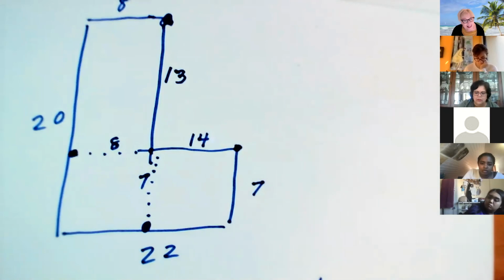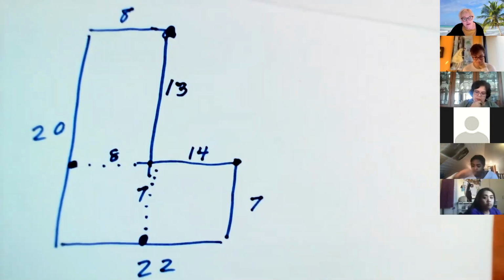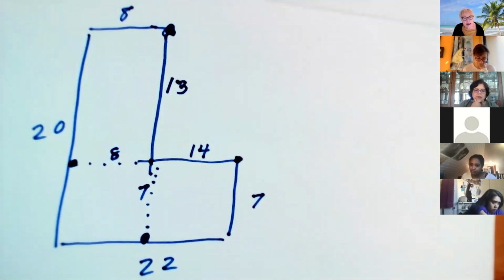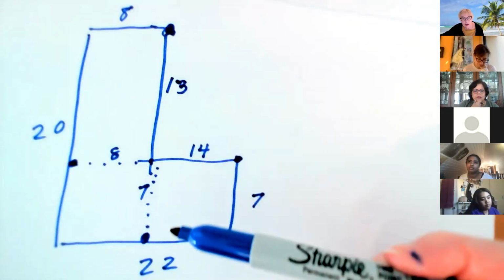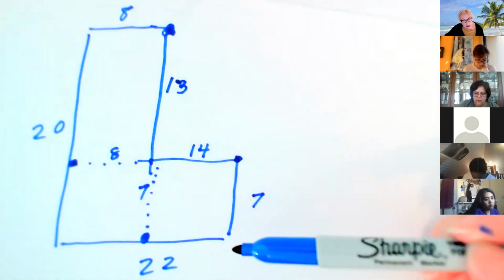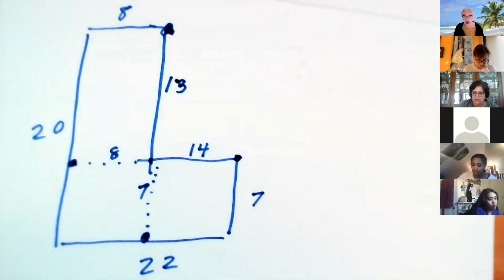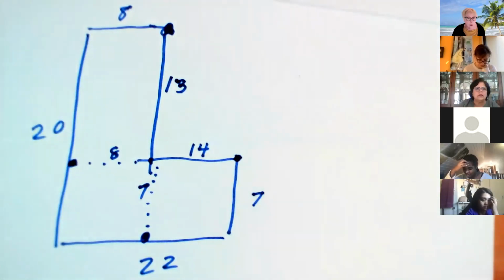Correct. Did you see how I did it? It's a visual thing. I don't think I could explain it any other way than showing you visually. When we knew the whole top to bottom was 20, and we knew this piece was 7, then this had to be 13. Now you've got all the pieces, just add them up. You've got every single line. And that's a very good problem, because when you're working with things like around the house, things are not just perfect.